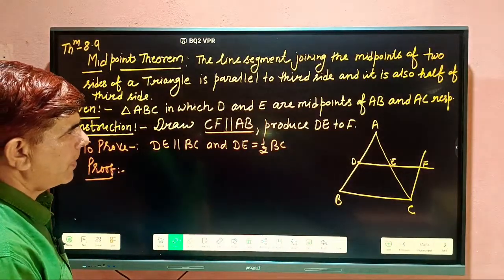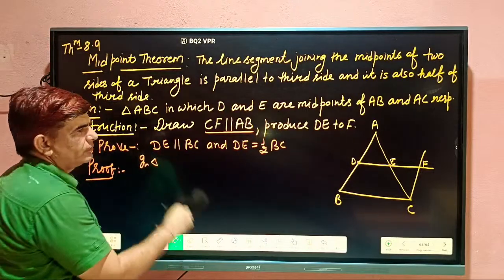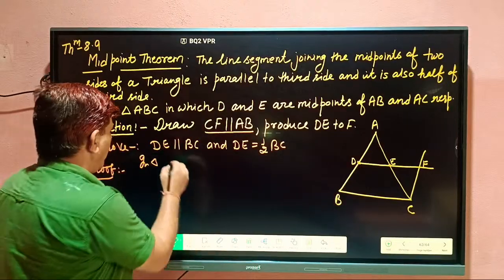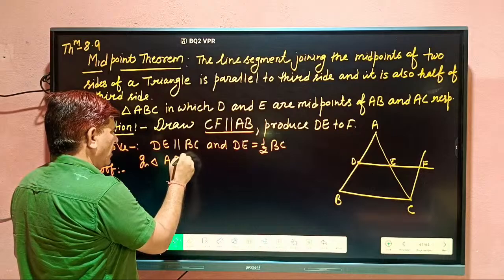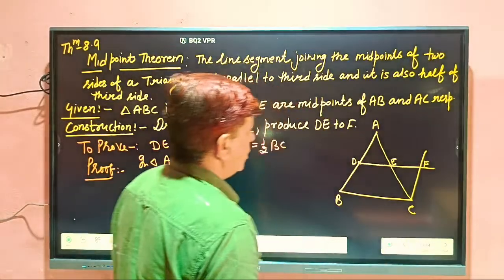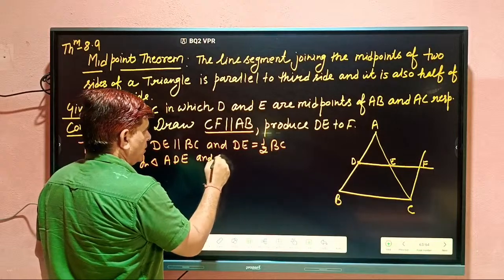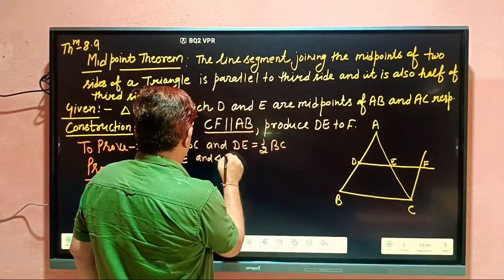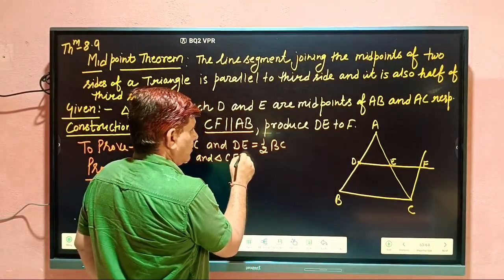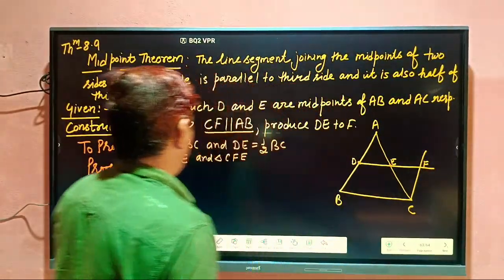What triangle can you take? In triangle, which triangle? A, D, E. Triangle ADE, and another triangle, triangle C, F, E. Triangle CFE.